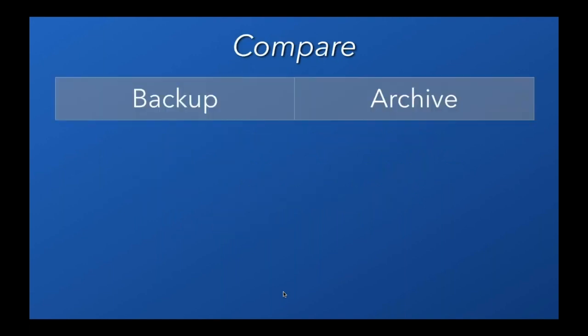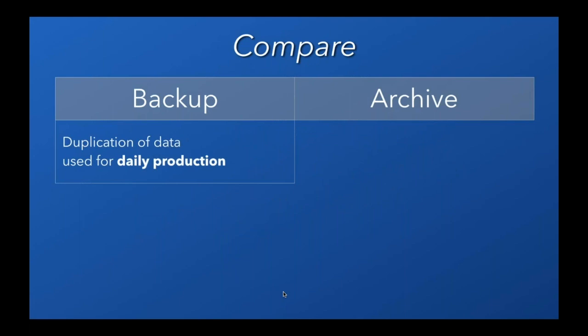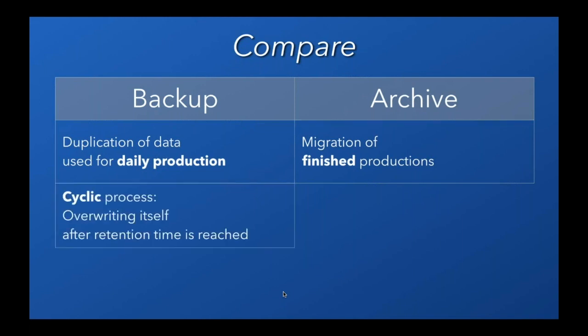And I would like to compare now briefly backup and archive. So where backup is a duplication of data used for daily production, the archive is the migration of finished productions. The backup is a cyclic process that overwrites itself after you reach the specified retention time. And storage will be recycled then for a new backup, whereas an archive is usually a forever growing process.